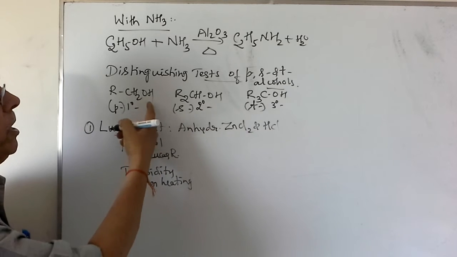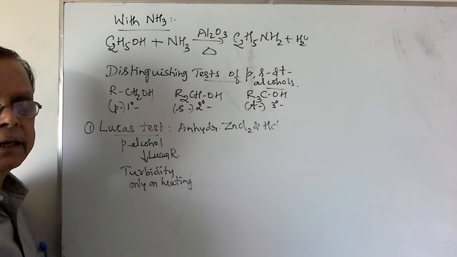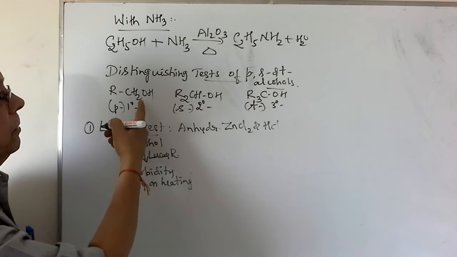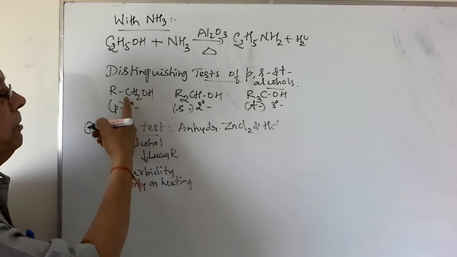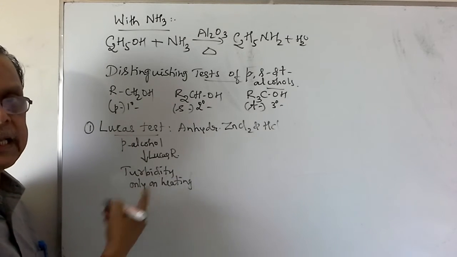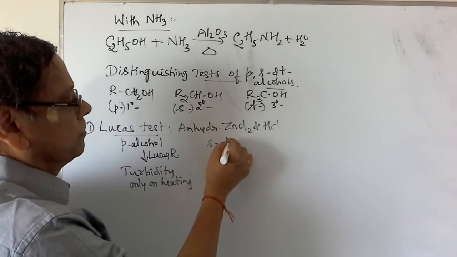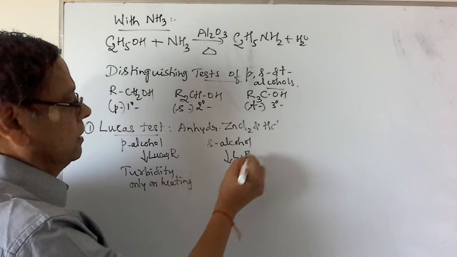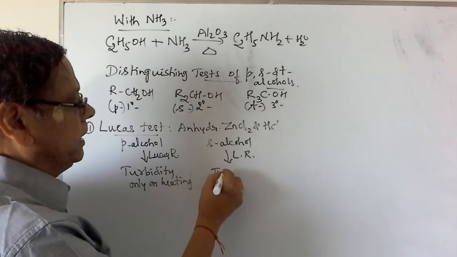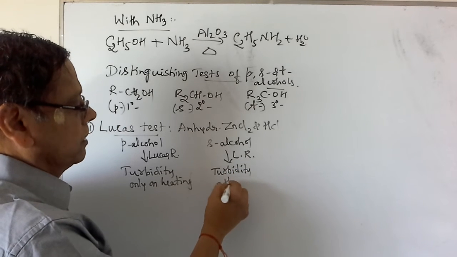The actual reaction is that the OH group will be replaced by the halogen atom, that we have seen in the chemical tests. But primary alcohols require heating because the reactivity of the primary carbon atom is very less as compared to the secondary one. This secondary alcohol reacts with the Lucas reagent to give rise to turbidity after 5 minutes.